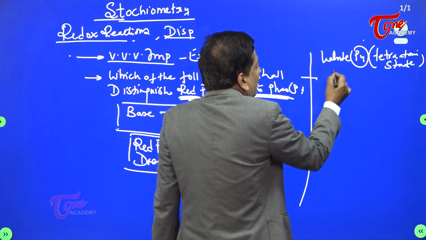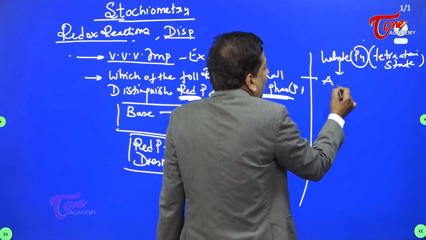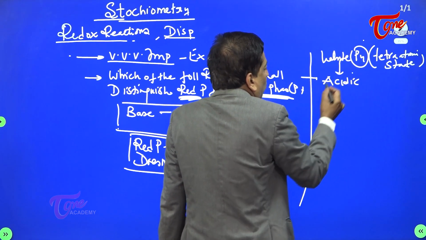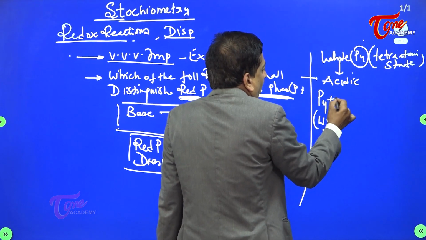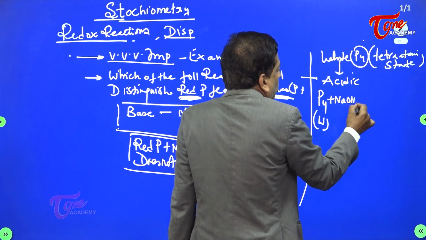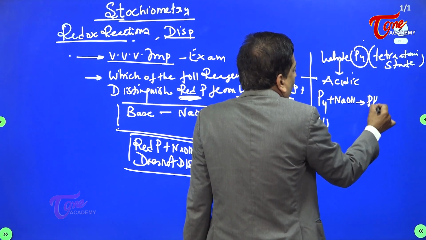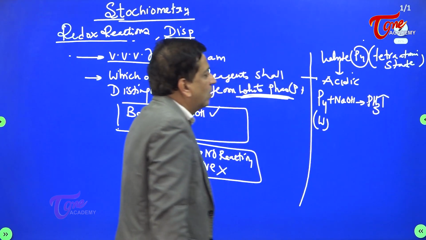Since white phosphorus is basically acidic, we expect this white phosphorus, this is W, with NaOH, then you're supposed to get phosphine gas.